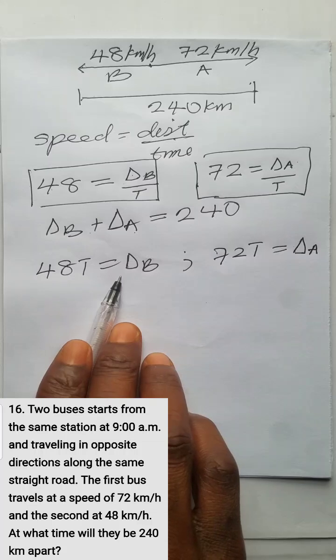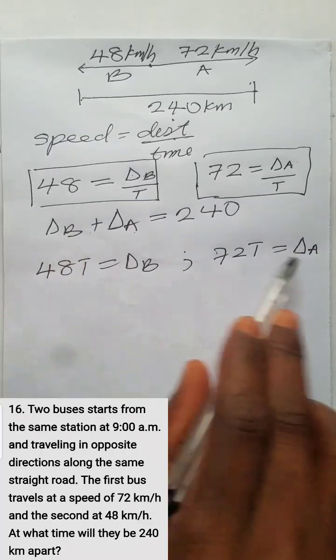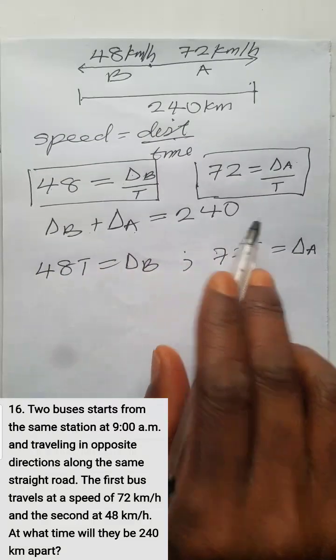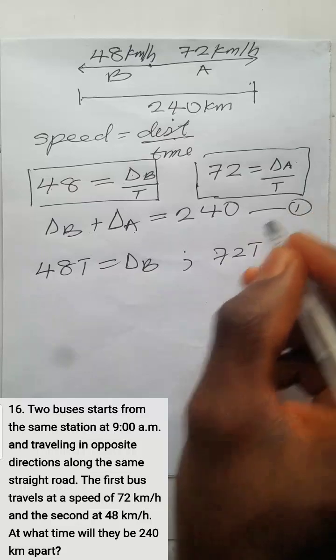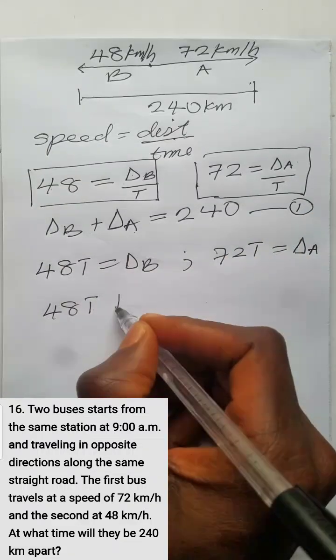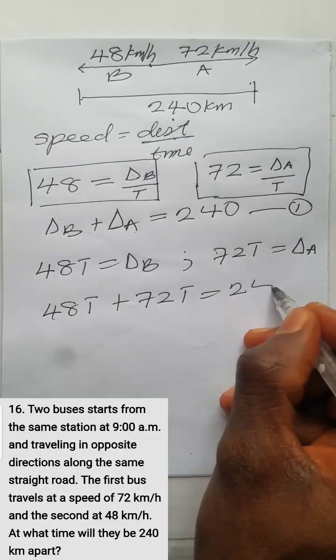So that means I can put 48T and 72T here and make this an equation. So let's go ahead and do that. This equation, I can call it 1, becomes 48T plus 72T is equal to 240.